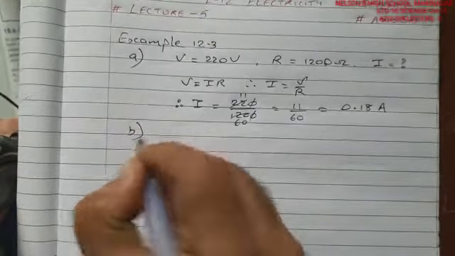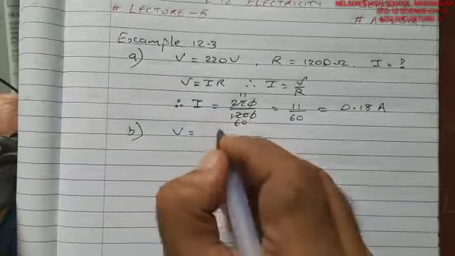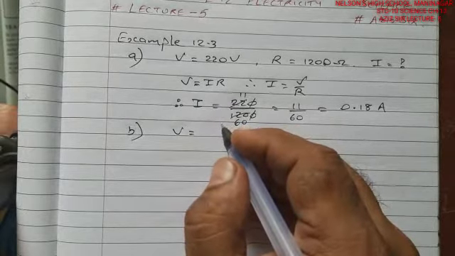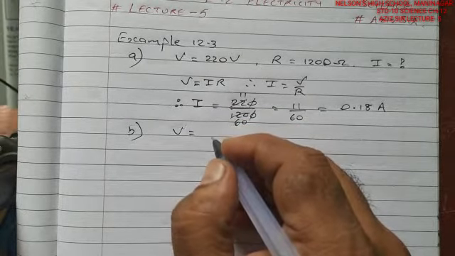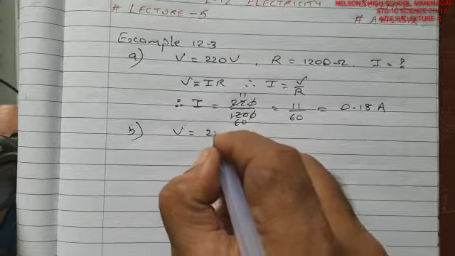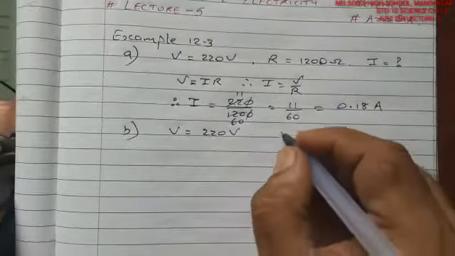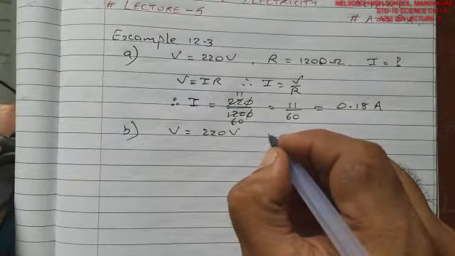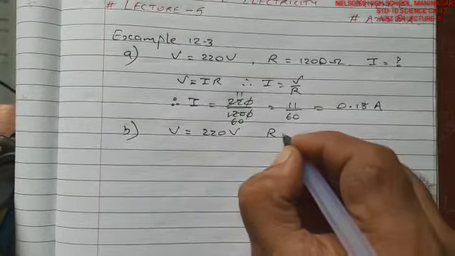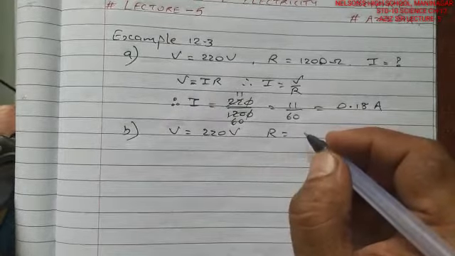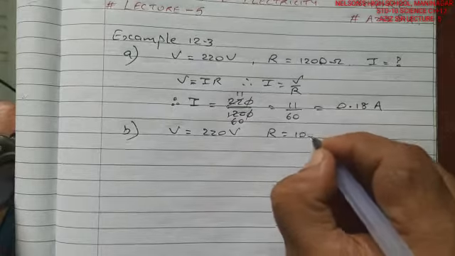The second, part B, is given here. The voltage, they have taken an electrical heater. Here the source is the same, we are using the same voltage which is coming from the Torrent Power electric company. The resistance here is given as 100 ohms of the coil.